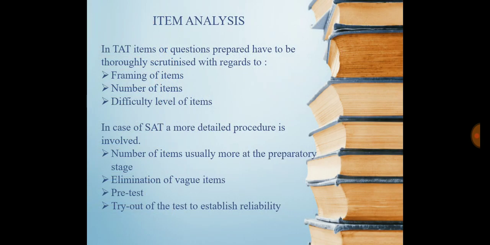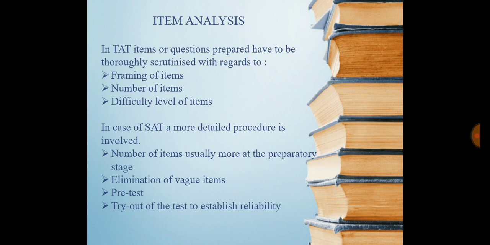The third step in the preparation of an achievement test involves the process of item analysis. Item analysis is the process of thoroughly scrutinizing the test in order to weed out technical deficiencies, content matter inaccuracies, and inadvertent defects in wordings.